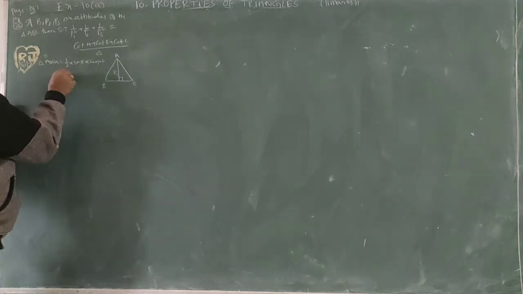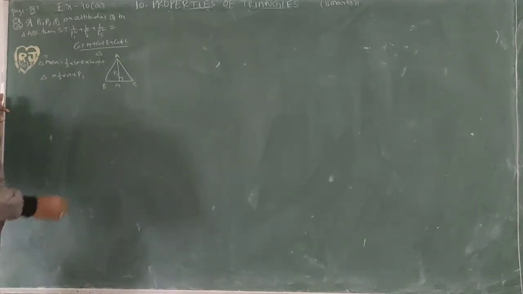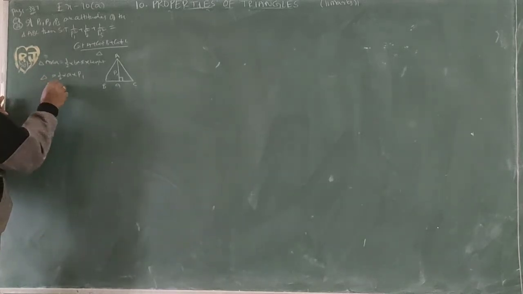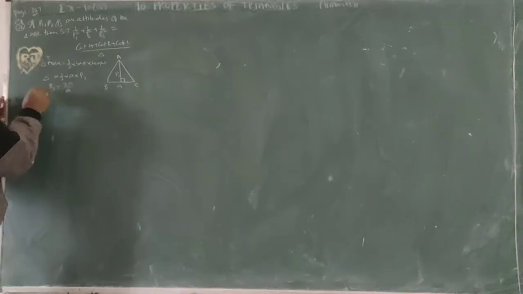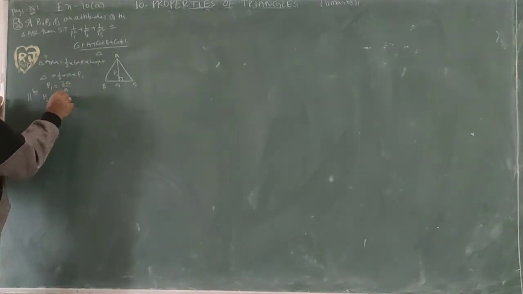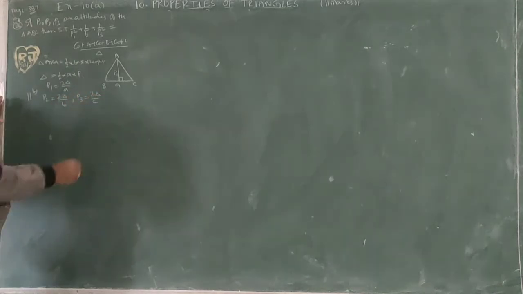What is base? Small a. Delta equals 1 by 2 into a into P1. P1 equals 2 delta by a. Similarly, P2 equals 2 delta by b, P3 equals 2 delta by c.